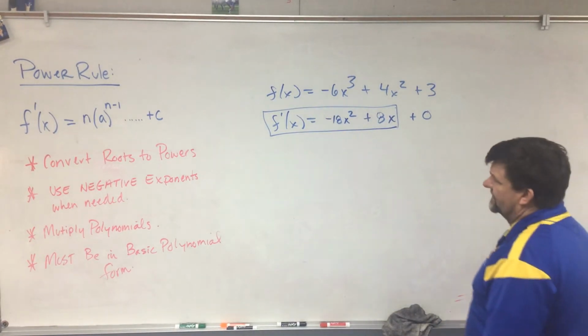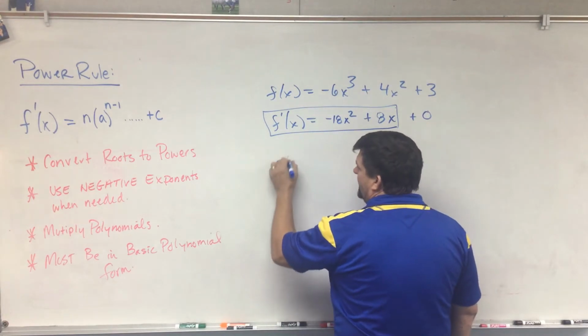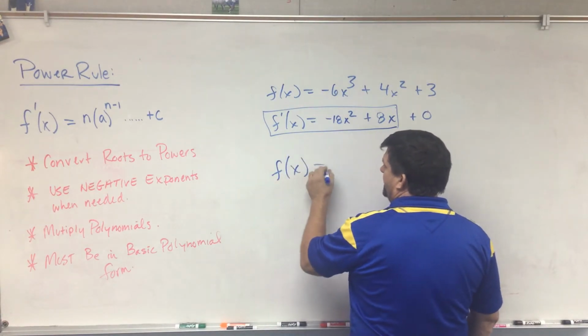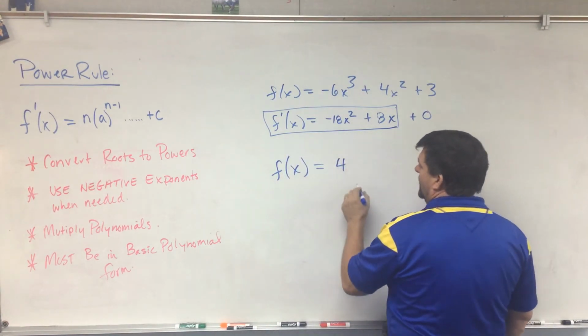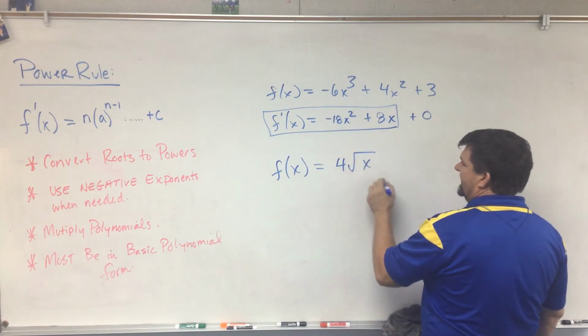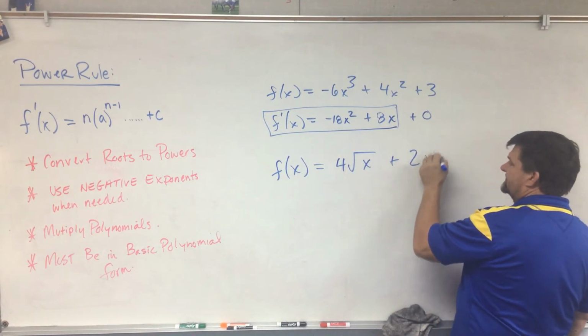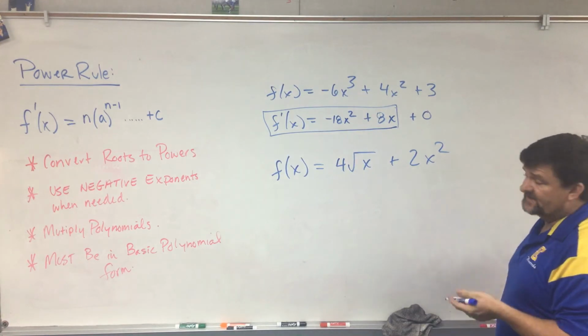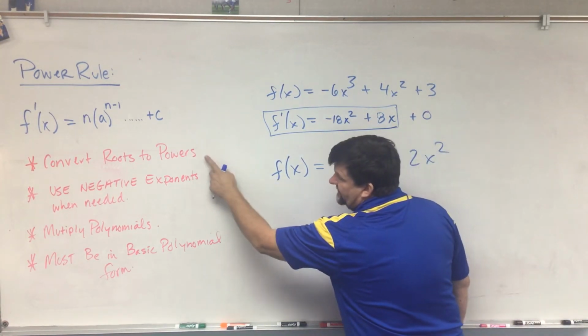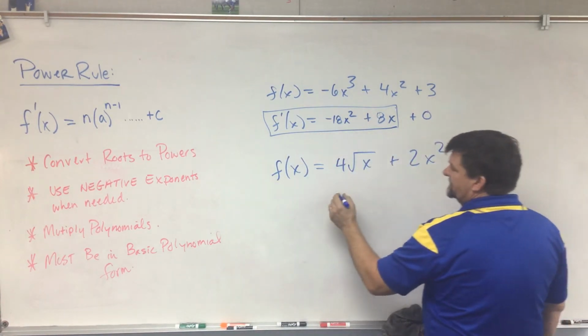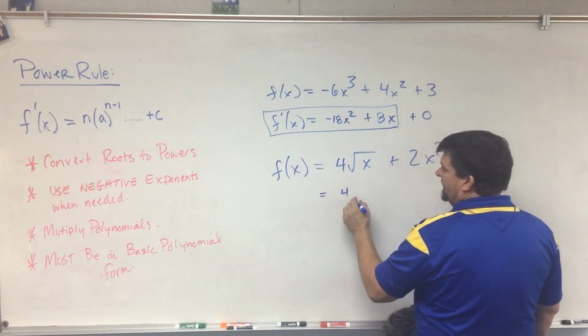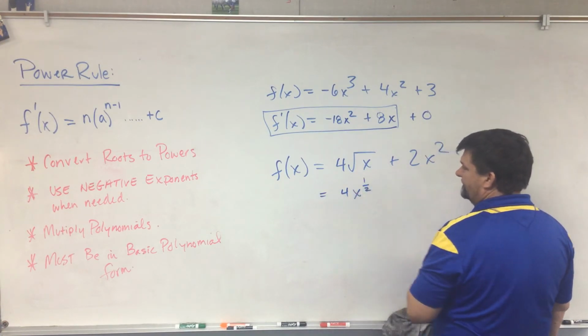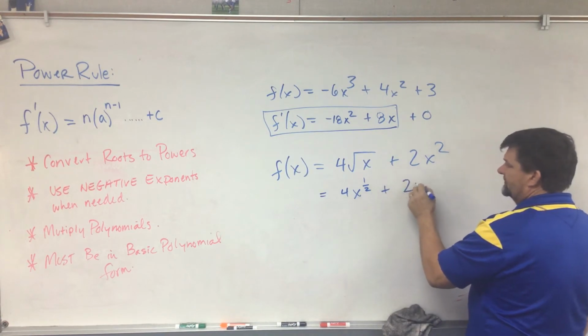So let's just tackle a couple of little extra ones here. What if they give you something that looks like 4 square root of x plus 2x squared? At this point, convert our roots to powers. So this is going to be 4x to the 1/2 plus 2x squared.